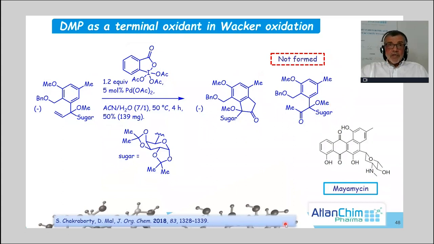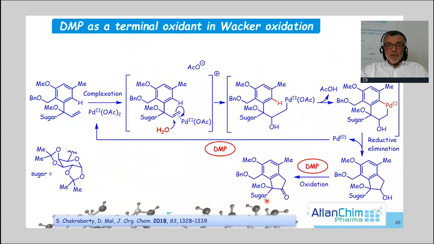So, to explain the formation of this indanone, at first, complexation of the substrate with the catalyst takes place. Then, addition of water occurs to provide this intermediate, which by C-H activation gives this cyclopalladium(II) intermediate.